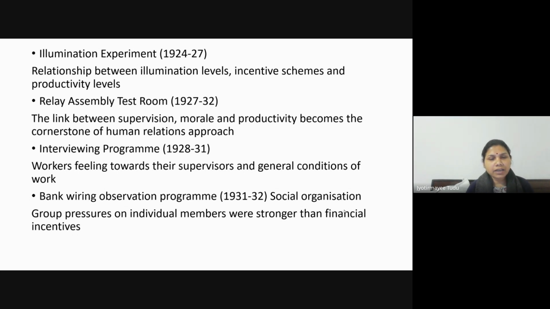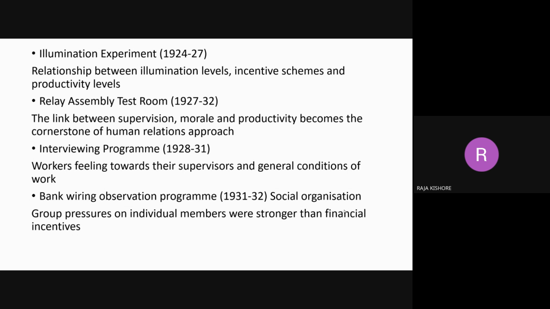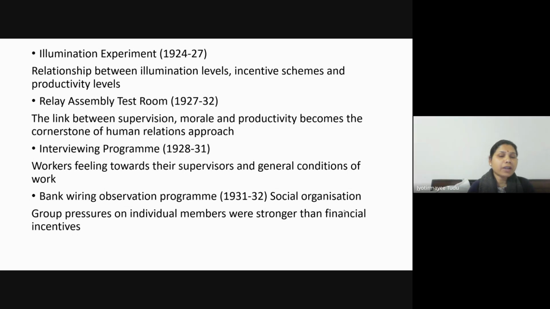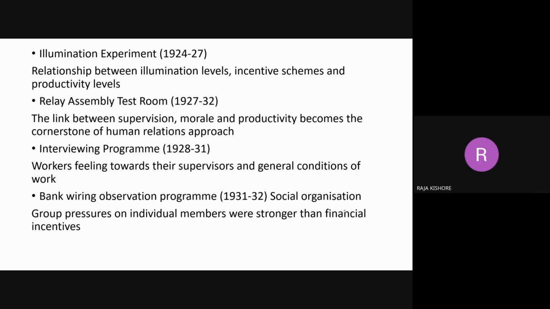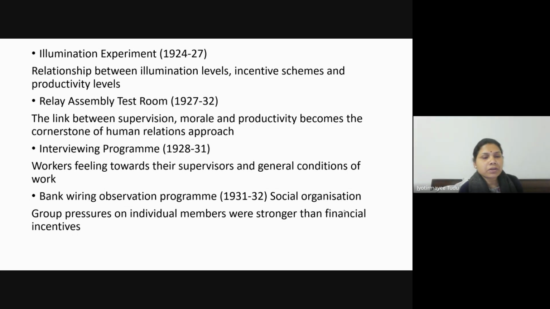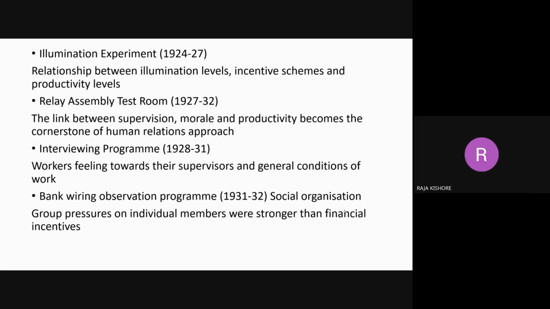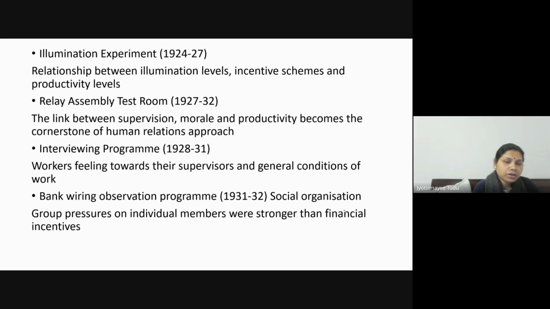Then subsequently another program was conducted, the interviewing program from 1928 to 1931, where they observed human attitude, how human attitude could be studied. For that they surveyed more than 20,000 workers, and tried to assess the workers' feelings towards their supervisors and general conditions of work, okay.